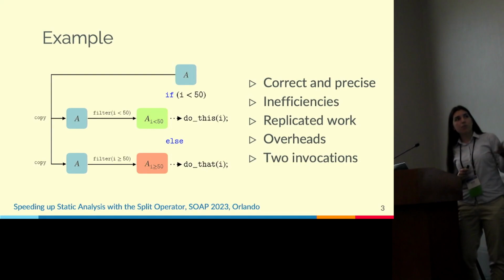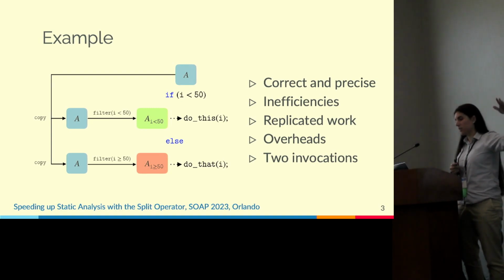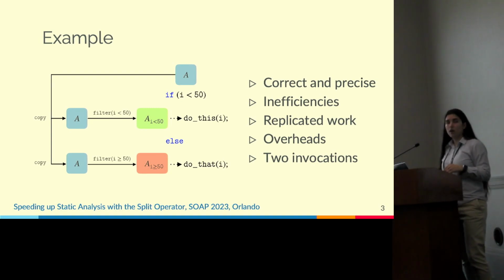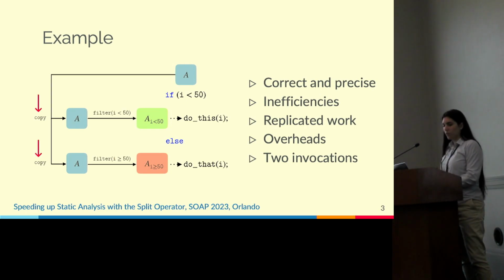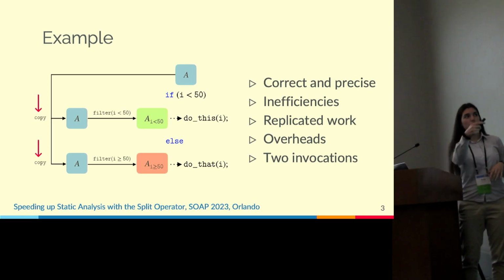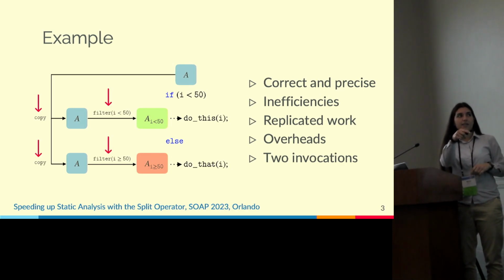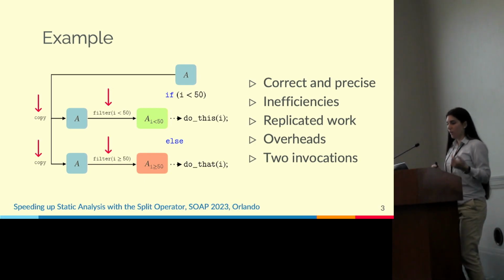Let's see a simple example here on the left, and you can see that this is basically a simple if-then-else instruction that says if i less than 50, do this, else do that. We start with an abstract element A, and we want to filter the element. So we have to do two copies in order to filter the element on the condition, so i < 50, and on the negation of the condition, so i ≥ 50.